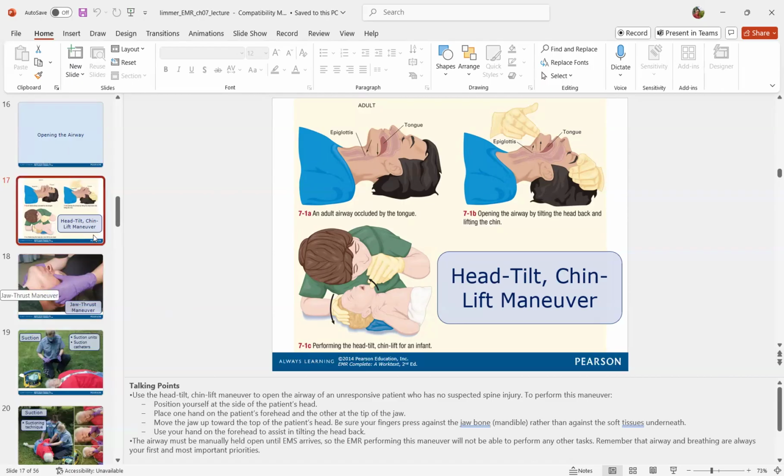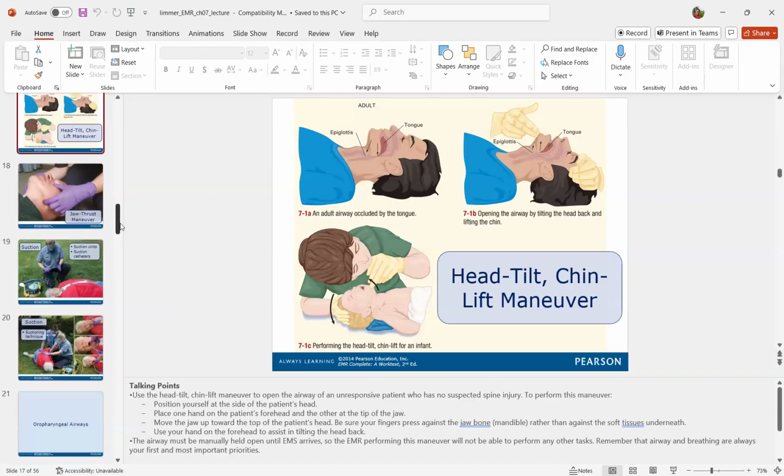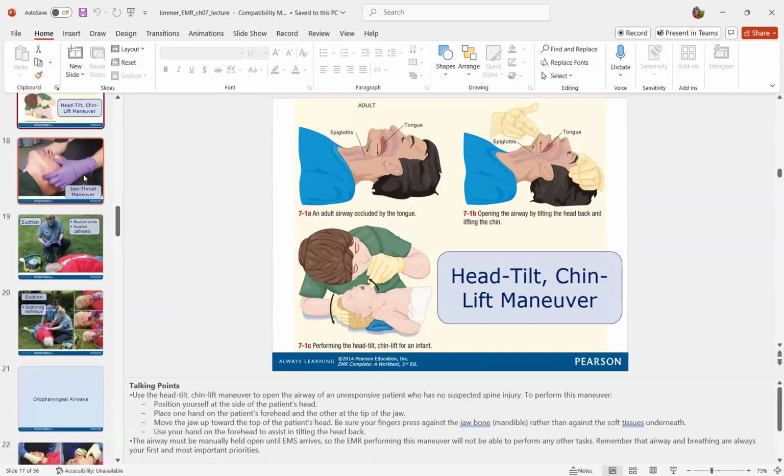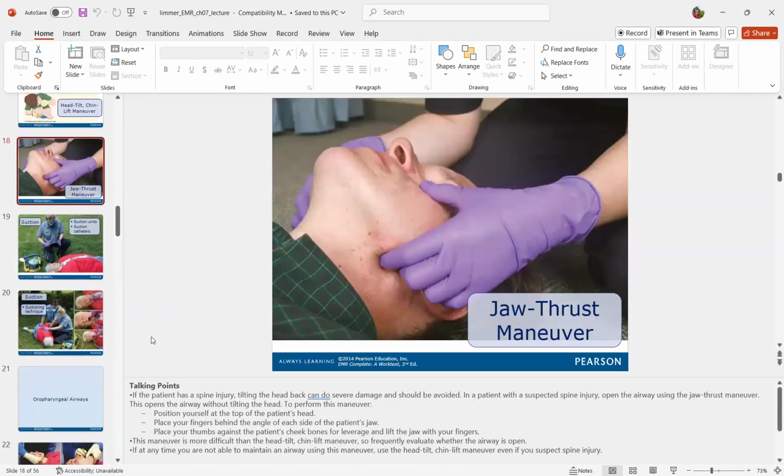The other option, if you know somebody fell, hit their head, maybe they have a neck injury, is what's called the jaw thrust maneuver. If they have a spine injury, doing the head tilt chin lift can cause damage, so we need to avoid it. Doing this is positioning your fingers, so I always put my thumbs on that bone, which is kind of at the lower part of your eye.